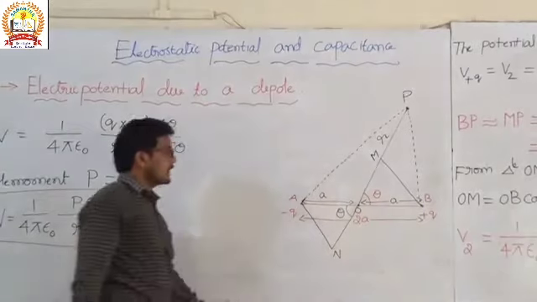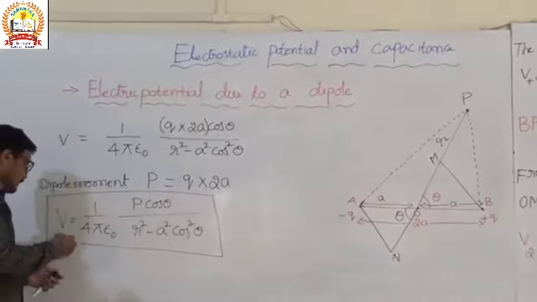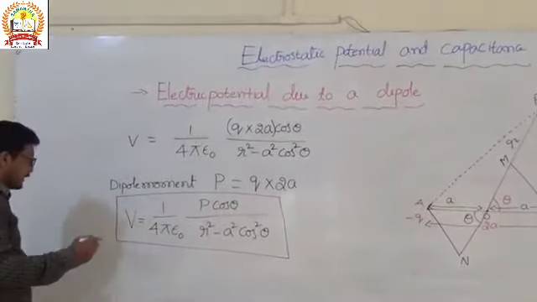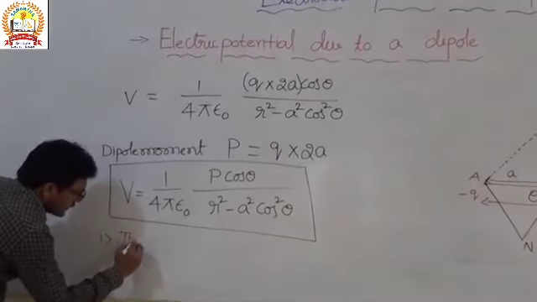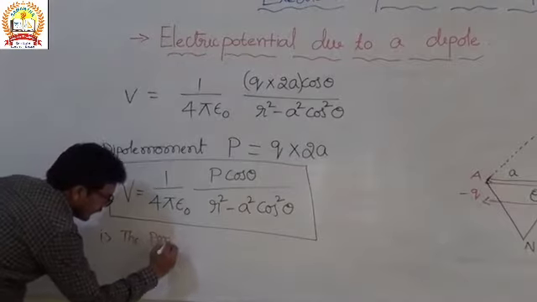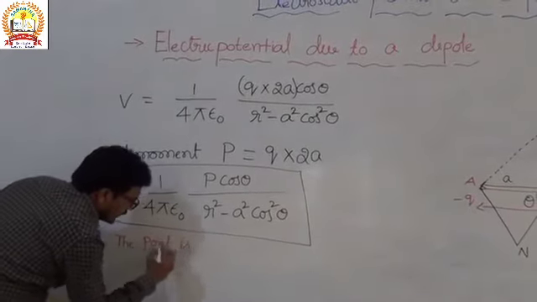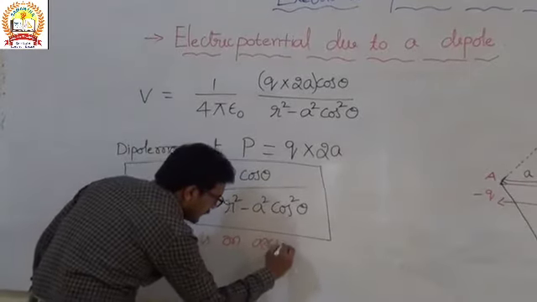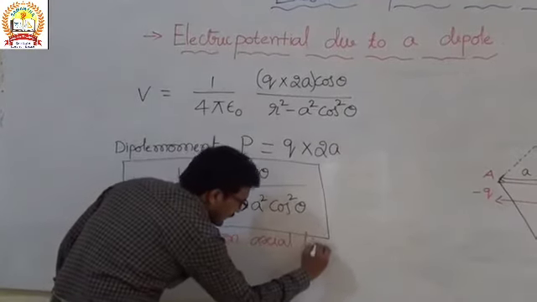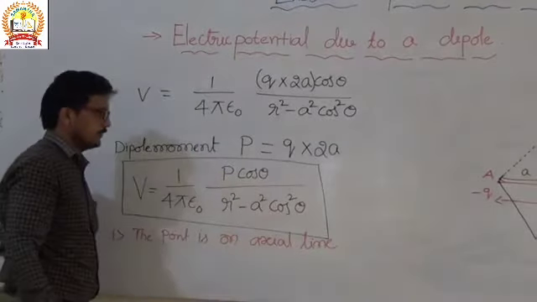Then what will be the potential due to a dipole on the axial line? So the first case, the point is on the axial line.